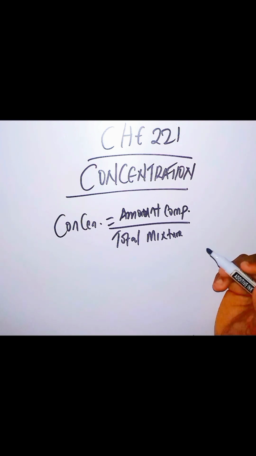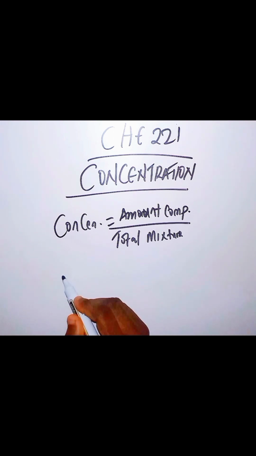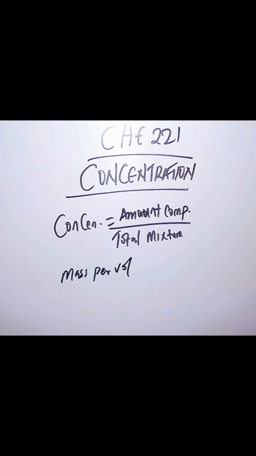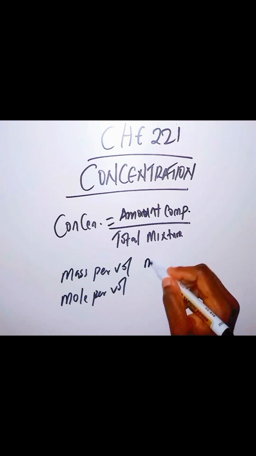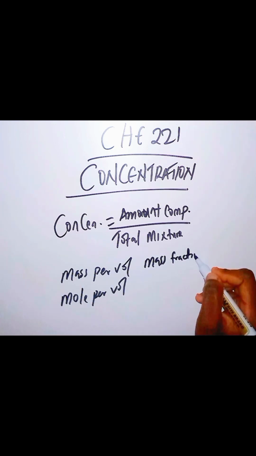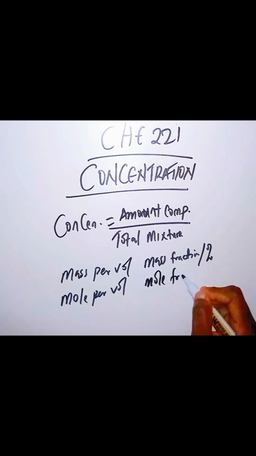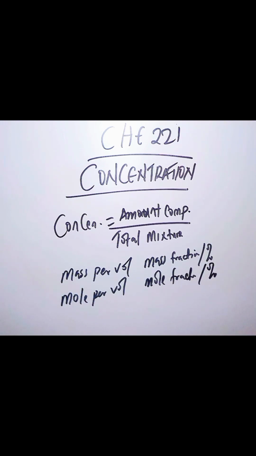And I said concentration can be expressed in so many ways. The common example which we get to see most times is mass per volume, or mass per unit volume. Also, concentration can be expressed as mole per volume. It can also be expressed in mass fraction or mass percent, or mole fraction or mole percent.